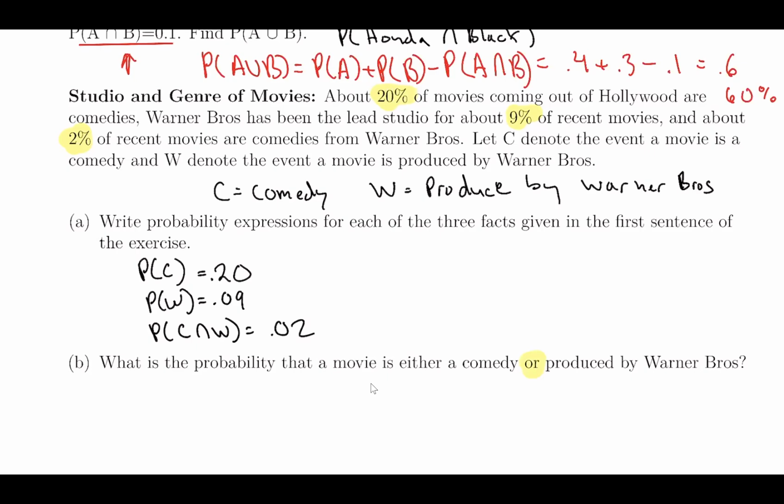This is telling me we're doing the general addition. Since we're doing the general addition, we have two different formulas we could use: one for mutually exclusive, one for not mutually exclusive. For these two events, a comedy and Warner Brothers, are they mutually exclusive of each other? Or is it possible we could get a movie where both of these events happen at the same time?